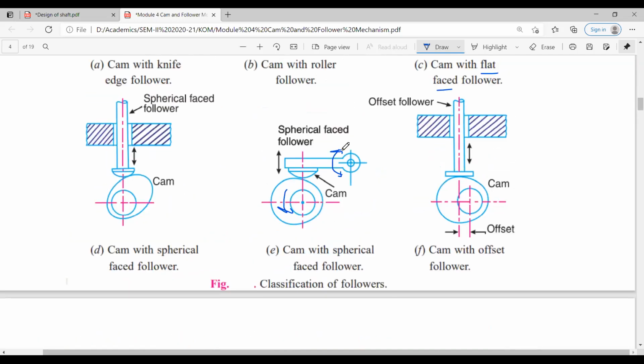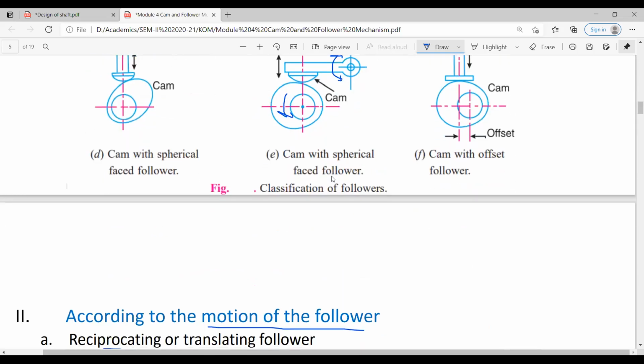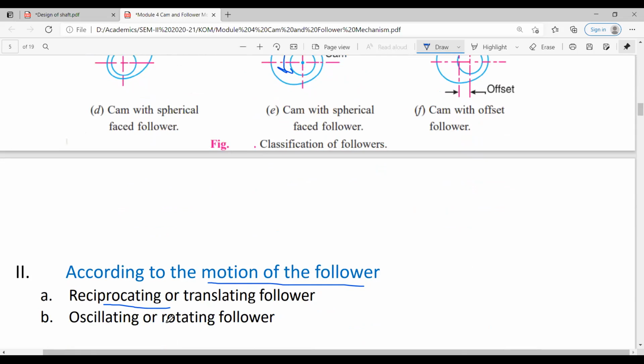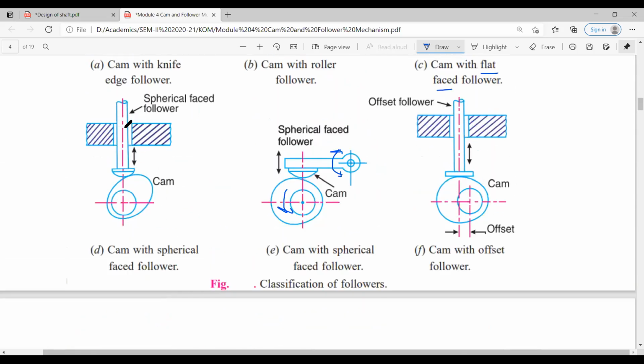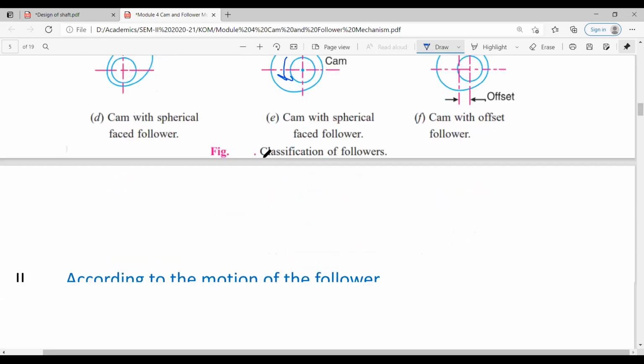In this case, this particular follower is having angular motion like this, so it is called an oscillating or rotating follower. Here the follower is reciprocating, so this follower is known as a reciprocating follower.